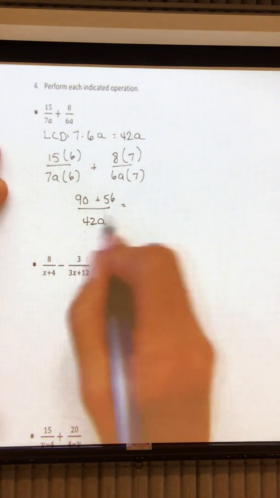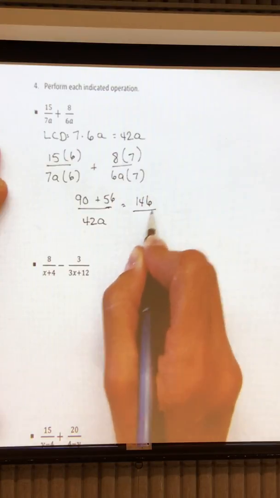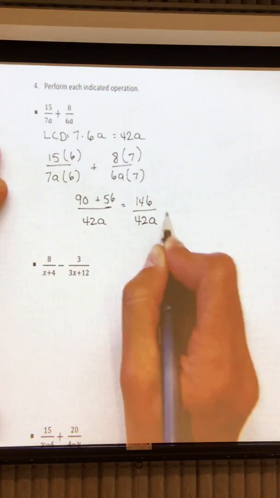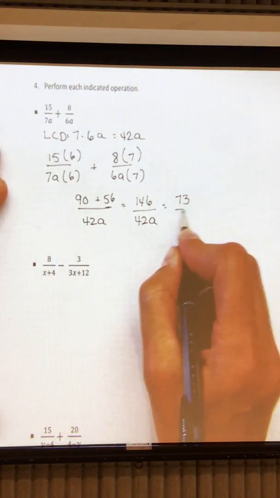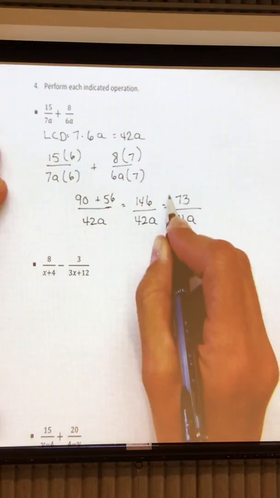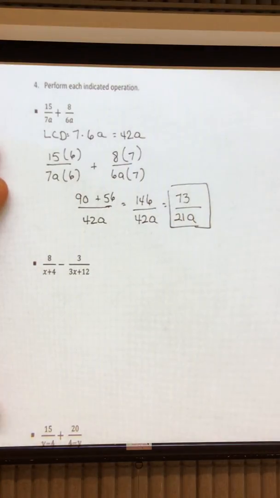Therefore, your answer is 146 divided by 42a, which can be simplified into 73 divided by 21a, and we simplify that by dividing both numerator and denominator by 2.